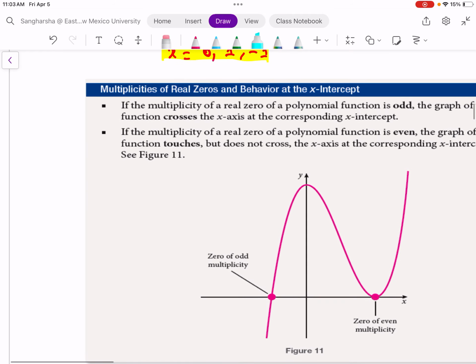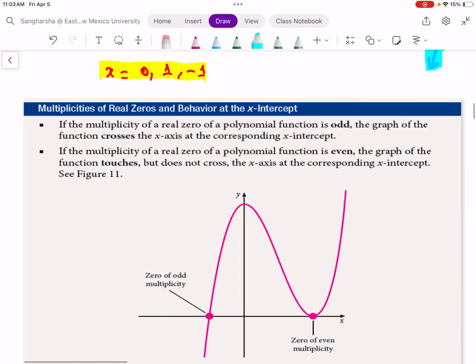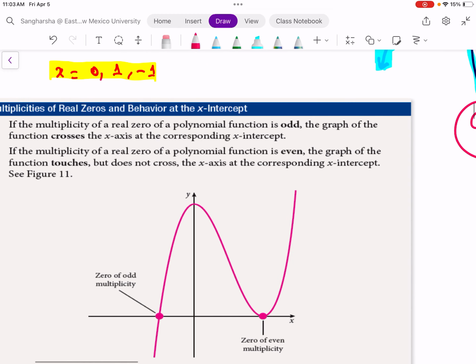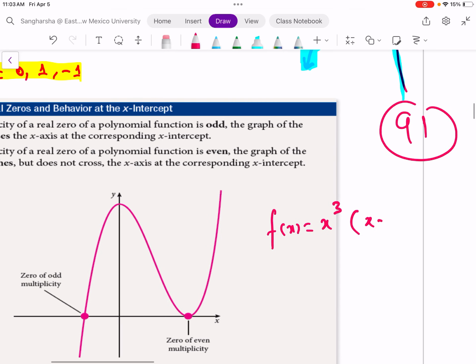Going back to the definition, multiplicity means the number of times a factor is repeated in a function. Let me take a different function: f of x equals x cubed times x minus 2 times x plus 5 squared. How many factors do we have?